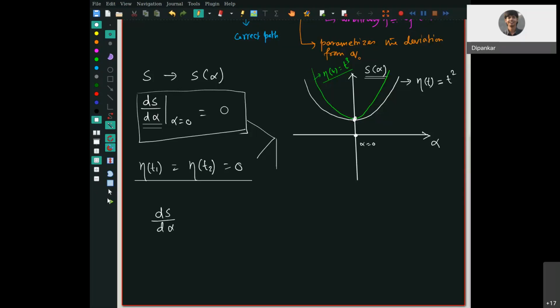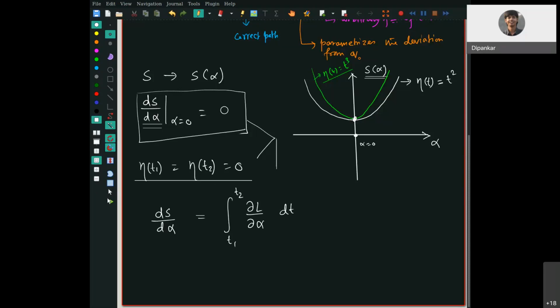So dS/dα, I am evaluating it at alpha equals 0. Even if I don't say it, just remember that it's evaluated at alpha equals 0. So I can write it as the integral from t1 to t2 of ∂L/∂α dt.